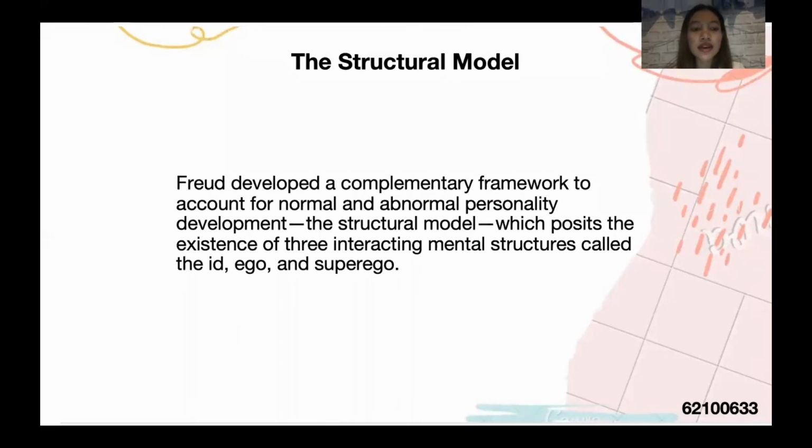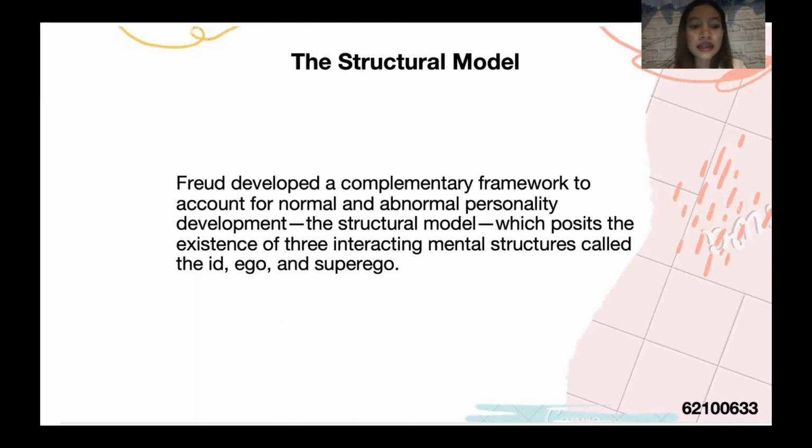The structural model developed a complementary framework to account for normal and abnormal personality development. The structural model posits the existence of three interacting mental structures called the id, ego, and superego.